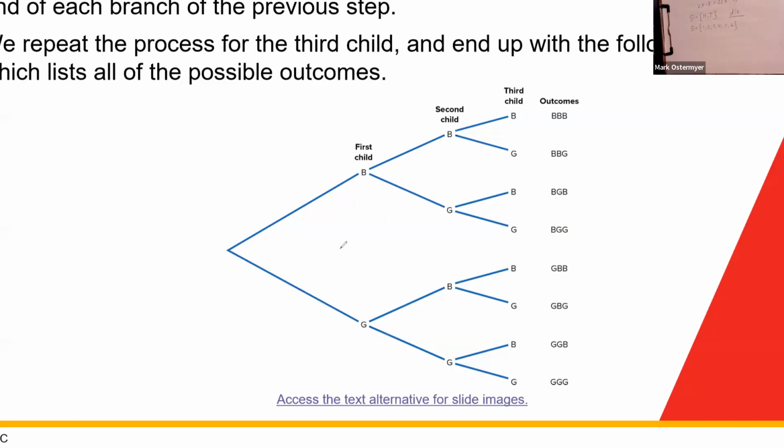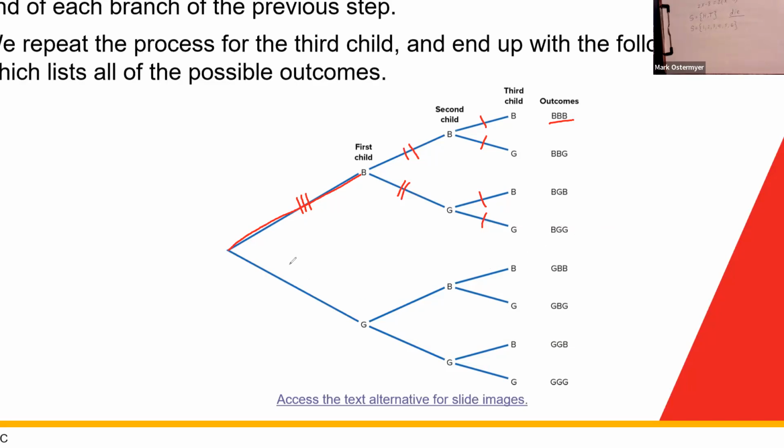So you could enumerate as a boy, boy, boy. That's one outcome. Or you could have a boy, boy, girl. Or a boy, girl, boy. Or a boy, girl, girl. Or a girl, boy, boy, or a girl, boy, girl.